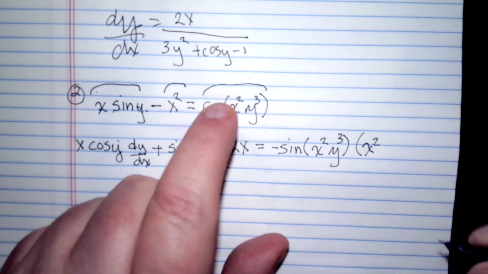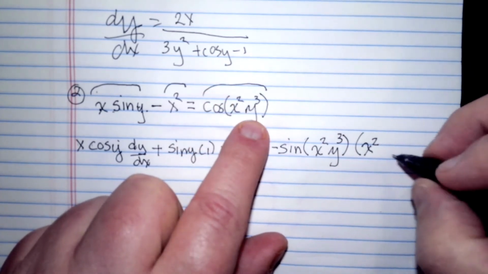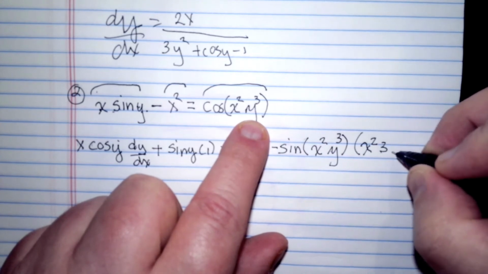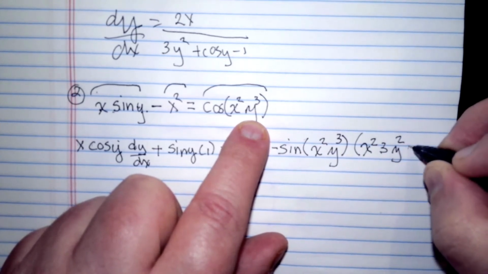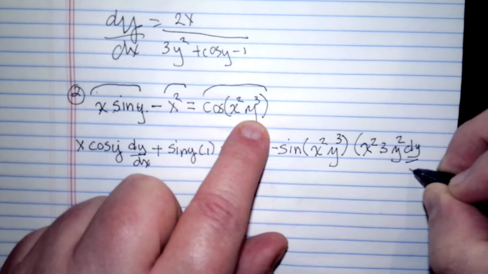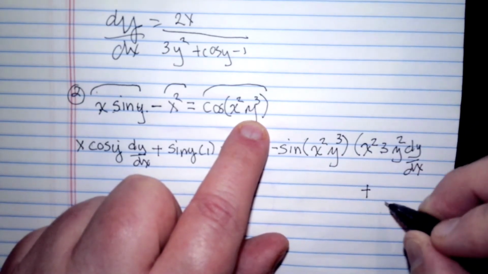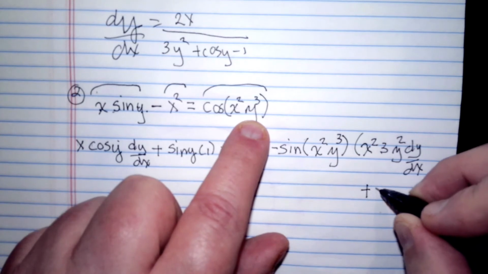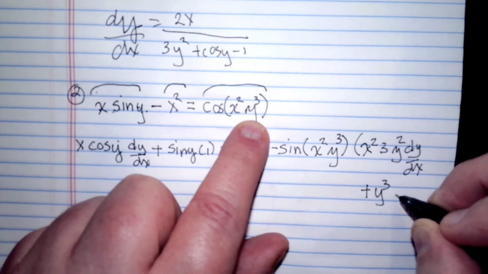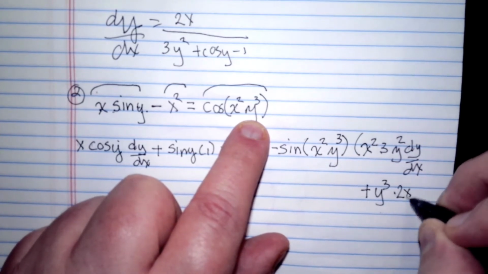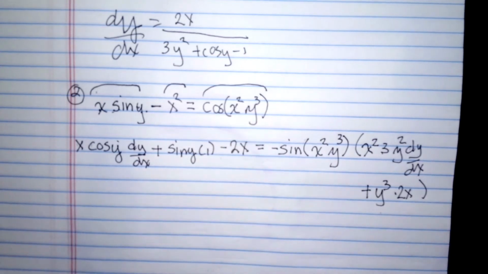So we'll have x squared times the derivative of y cubed, which would be 3y squared dy dx, plus y cubed times 2x. And I ran out of room on that line.